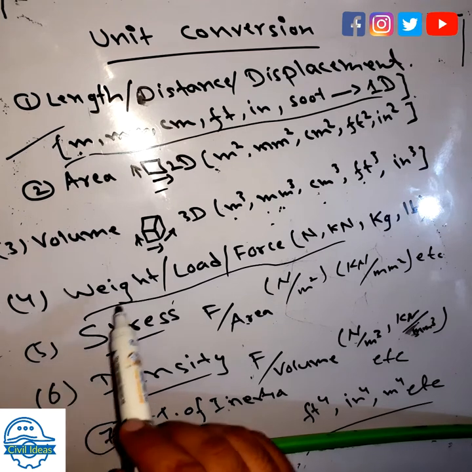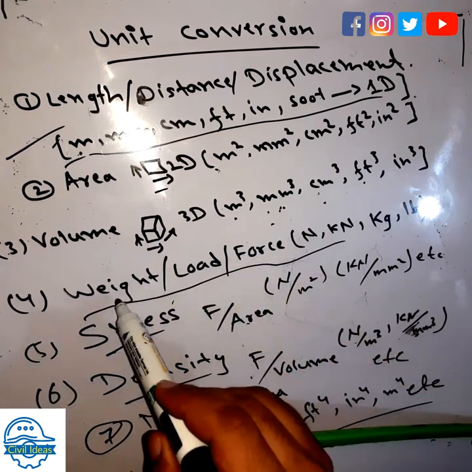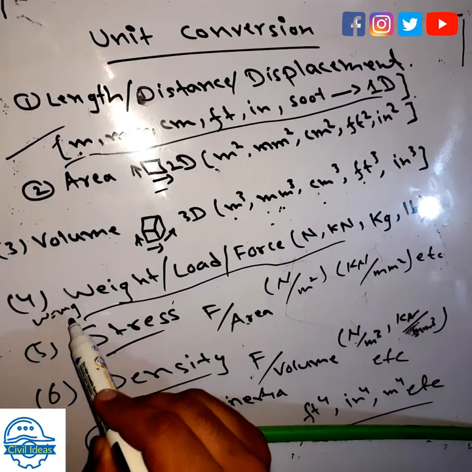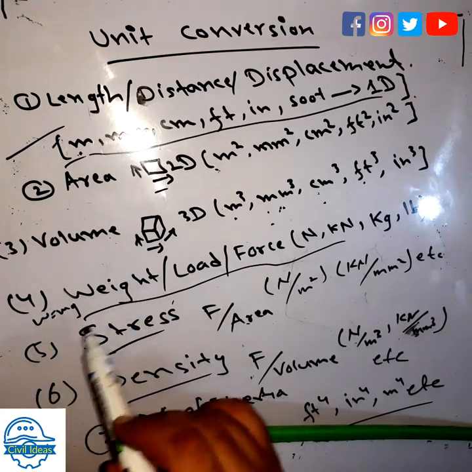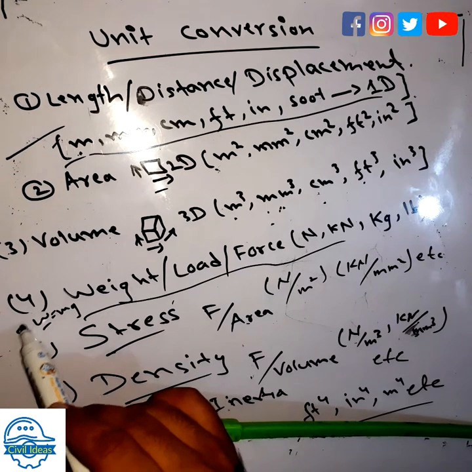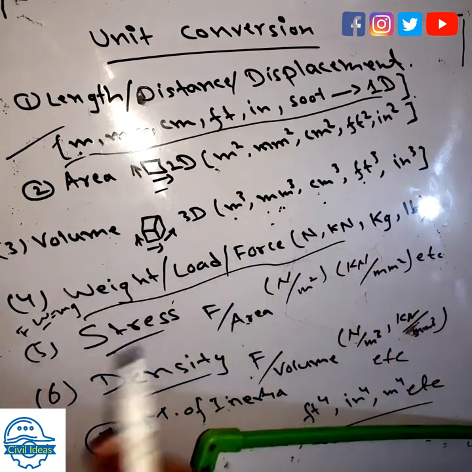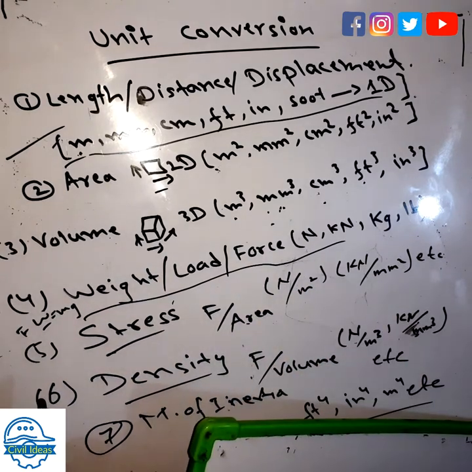And the fourth one is weight, load, force. These are all the same things. Weight is also a force, like W equals mg: when you multiply the mass by the gravitational acceleration, you get the weight. And weight is a force, okay? This weight, load, or force you may know in a beam, like 2 Newton per mm square.